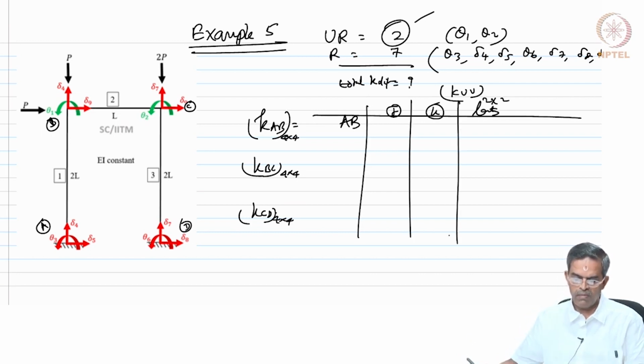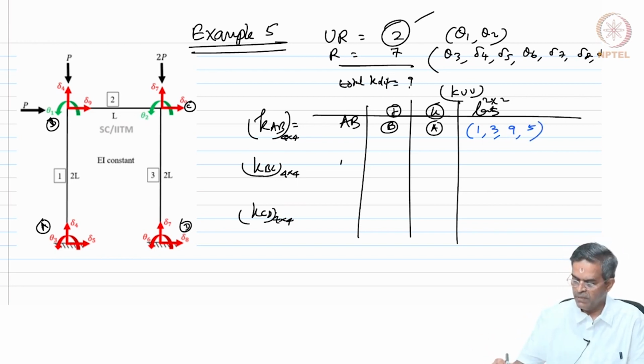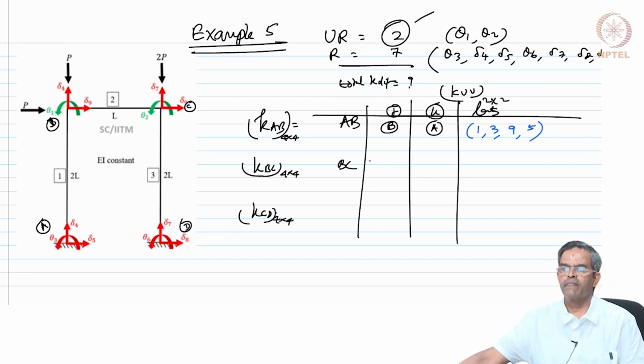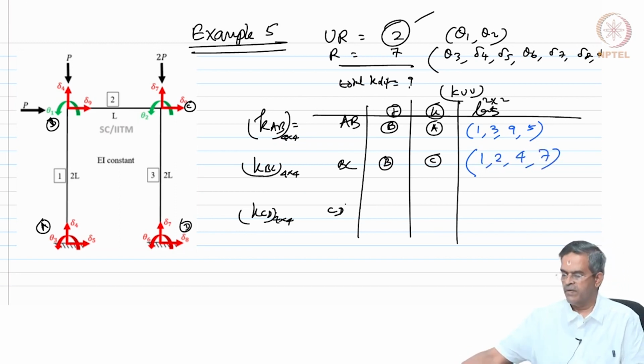For the member AB, we will keep this as B and this as A. So, the labels are going to be rotation at J, rotation at K, displacement at J and displacement at K. For the member BC, we will keep the J at the end at B and this at C. So, the labels are going to be 1, 2, 4 and 7, and for the member CD, we will keep the J at the end at C and this at D. Therefore, the labels are going to be 2, 6, 9 and 8.